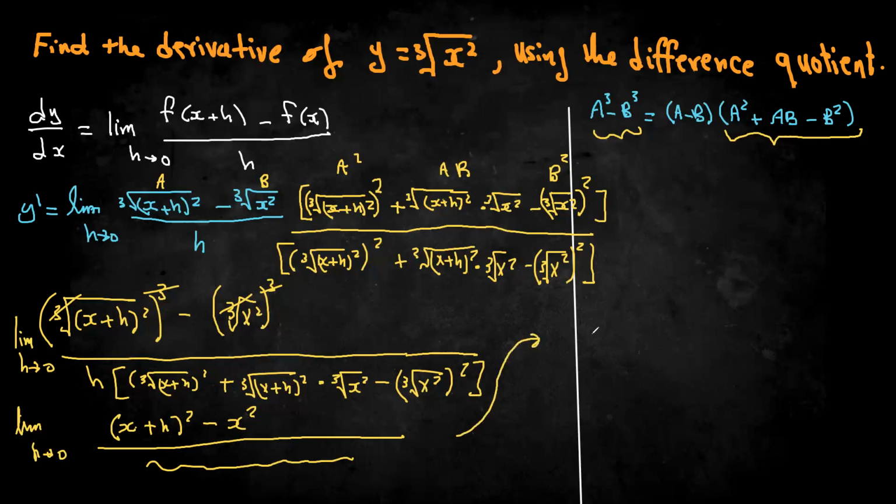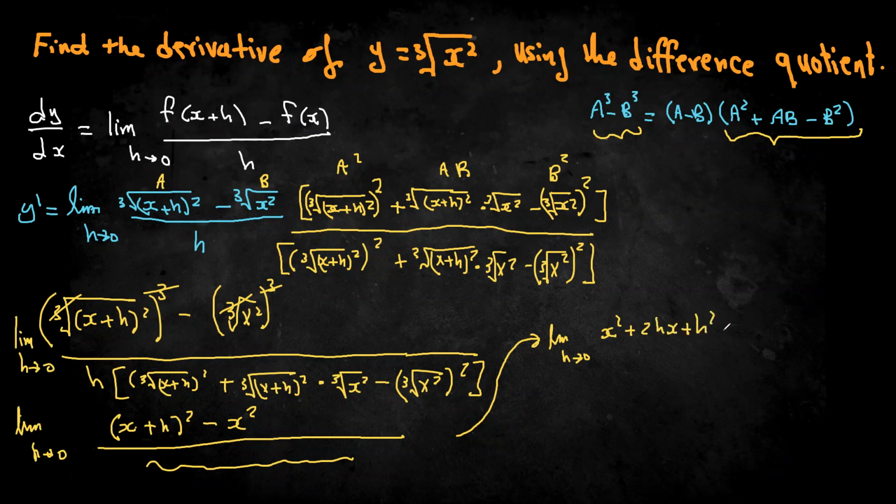I don't think this line served us, because this question is a little bit big. So I'm going to FOIL this, and you get the limit as h goes to 0 of x squared plus 2hx plus h squared, and then you still have the minus x squared right here, all over that thing repeating.